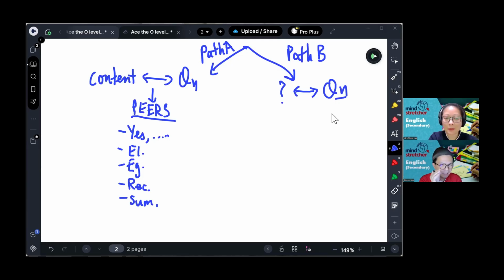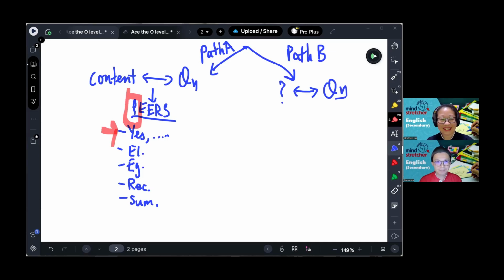So there's a different way to approach this. Do you understand? So there are two paths that you can go by and you can choose which one you want to use depending on the situation. So you can start with your P at the beginning. You can, if you have the content knowledge.